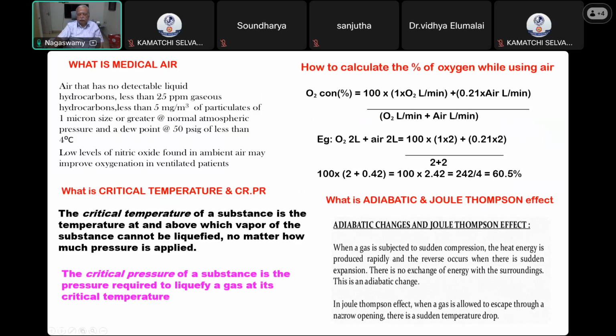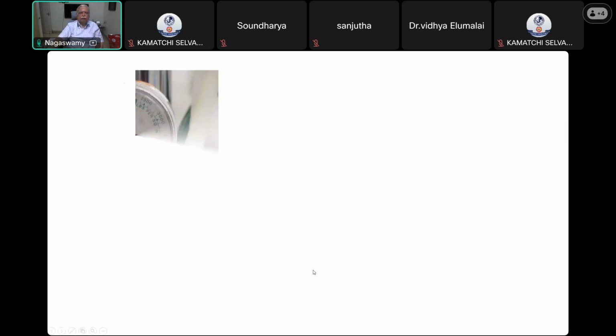You will see after some time there will be ice formation on the nitrous oxide neck and valve portion. That is because of what is called the Joule-Thomson effect. So these two are the common effects. So you can remember that when there is a sudden compression and release, there is no energy exchange. To say that the answer for adiabatic change is okay. And Joule-Thomson, when there is a sudden release of a compressed gas, there is a drop in temperature. These are the 2 points you have to remember.